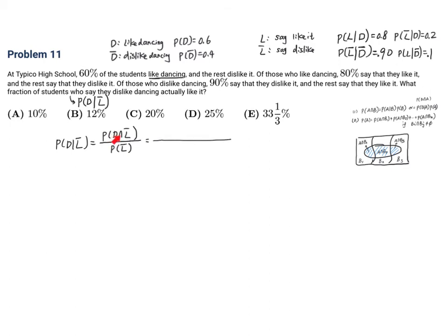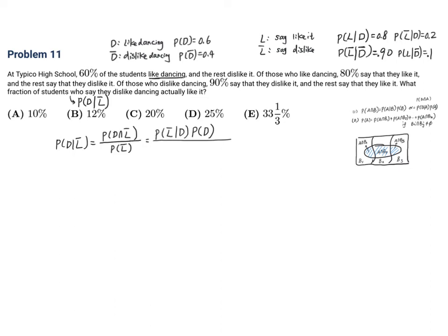Now, how do we find the probability of D and L bar? This is how we find the probability of an intersection. This is equal to the probability of L bar given D times the probability of the given condition, which is the probability of D, divided by the probability of L bar.